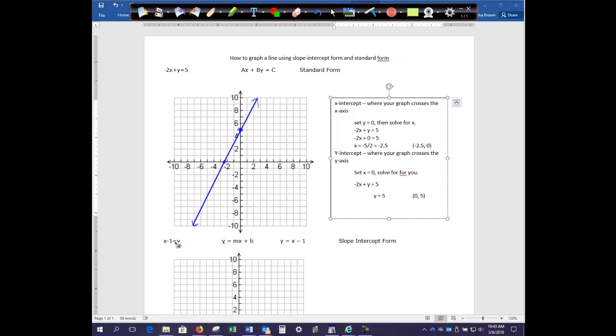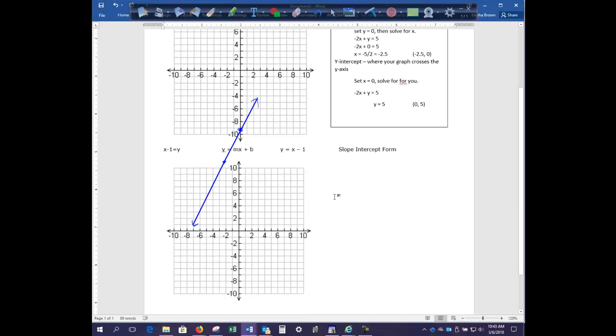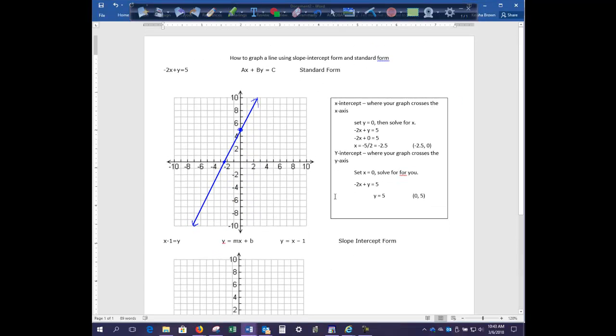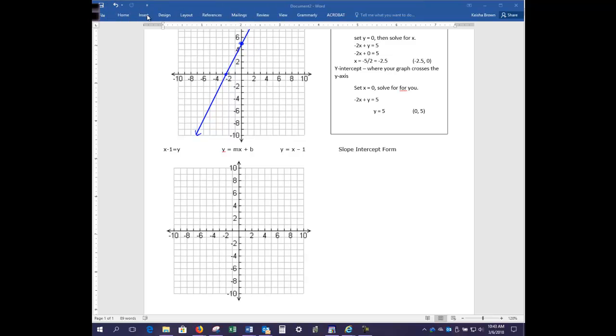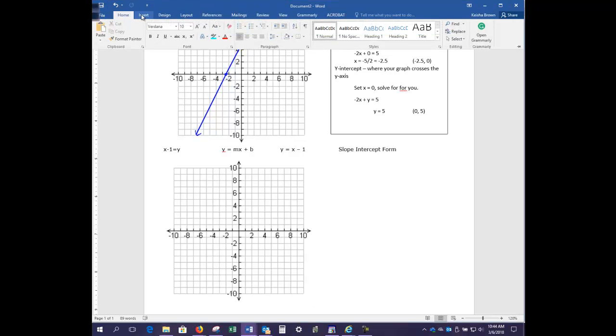Your second equation is written in slope-intercept form. Slope-intercept form gives you two different pieces of information, and the name of this format helps you.